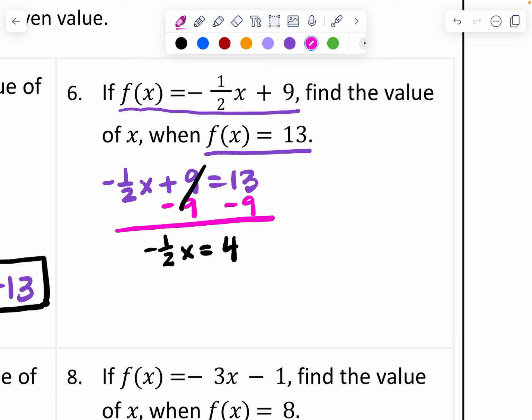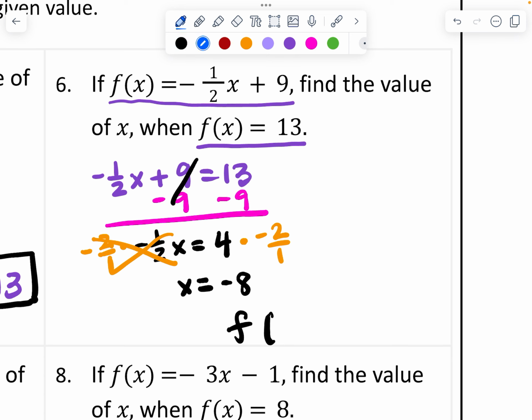To get rid of this fraction, I would divide, and to divide by a fraction, you would multiply by the reciprocal. So that cancels out. Multiply by -2/1. So x equals -8. So in function notation, I would say that f of -8 equals 13.